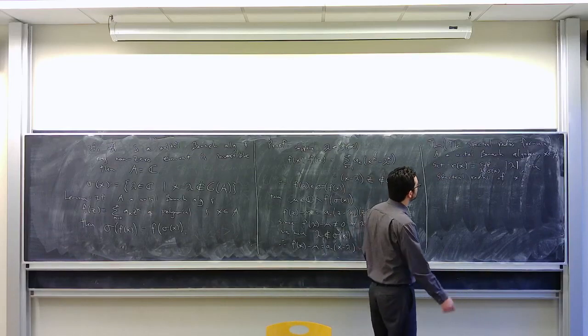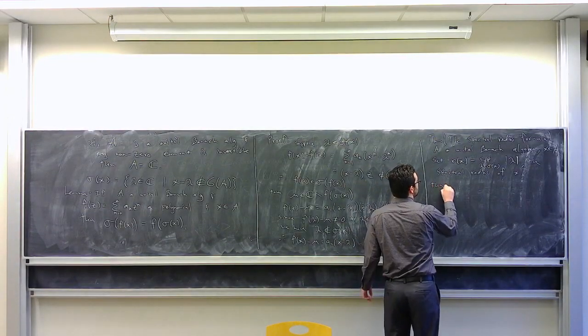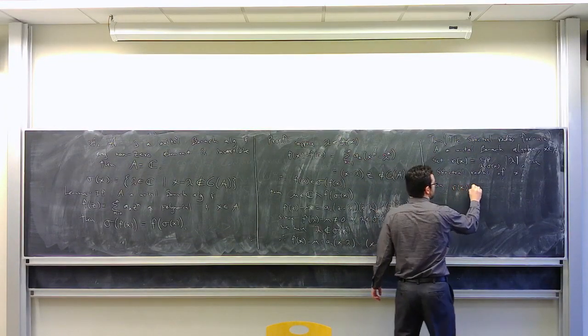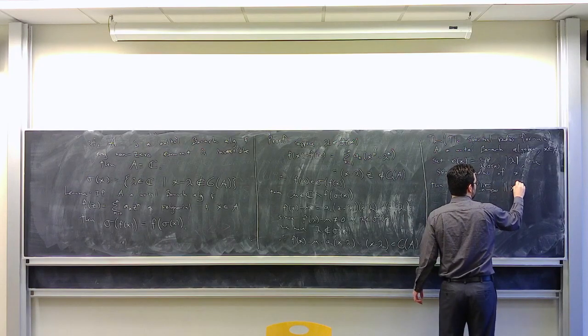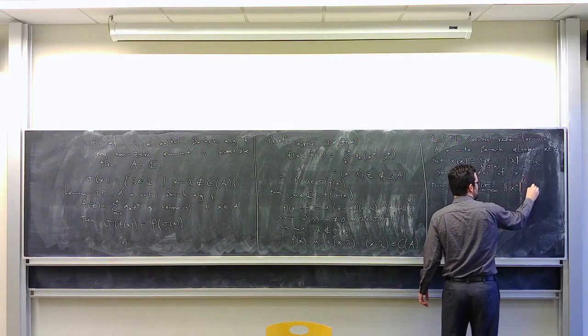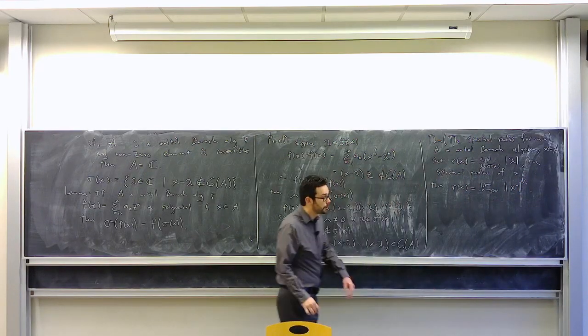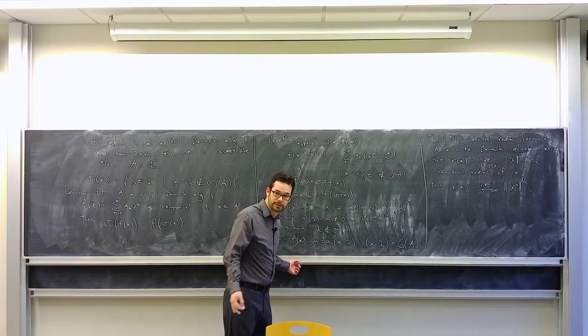Then the theorem is: the spectral radius of x is the limit as n goes to infinity of the norm of x^n, but then we take the nth root. So in particular, part of the theorem is that this limit exists.